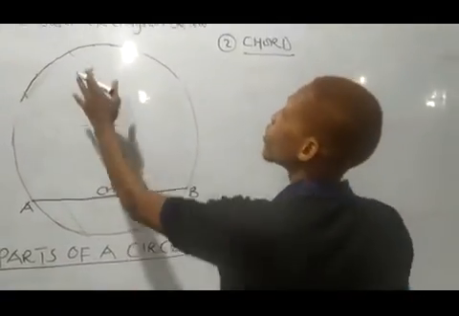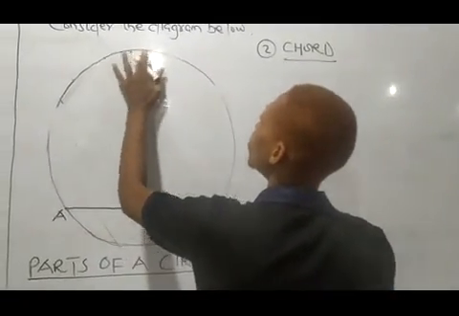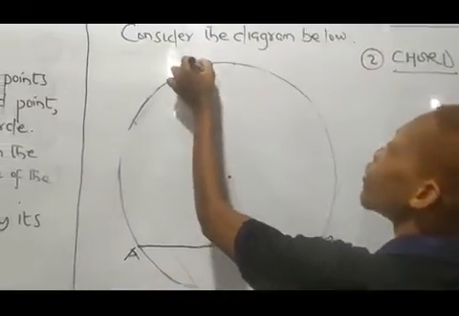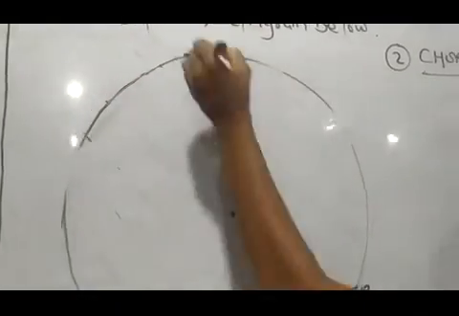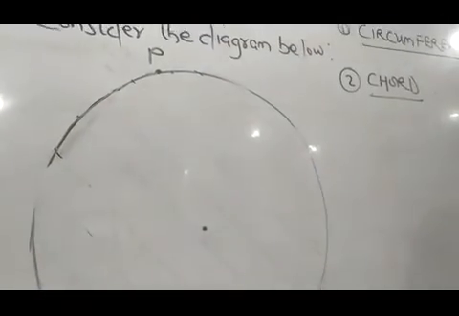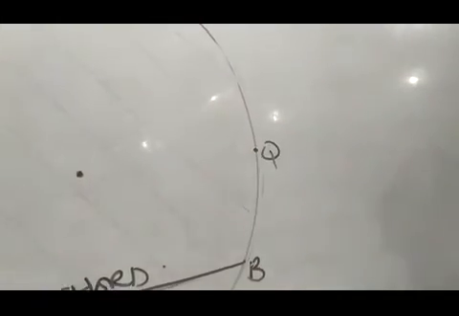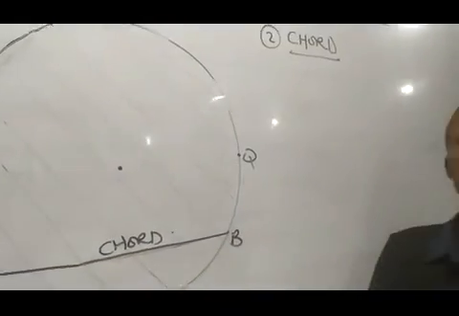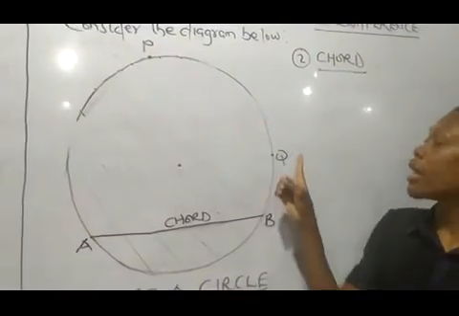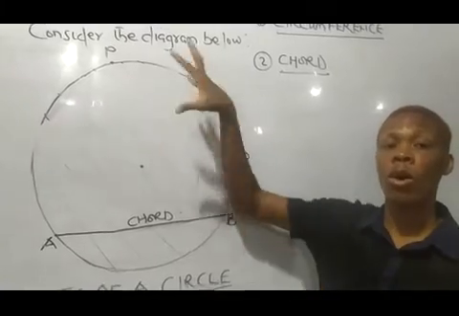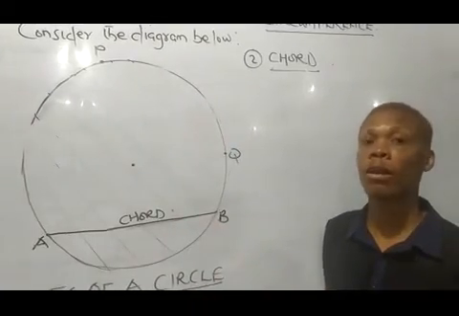Again, now let's assume we have a point here. Let me call this point P and another point here, let me call this point Q. P and Q are 2 points on the circumference of the circle.